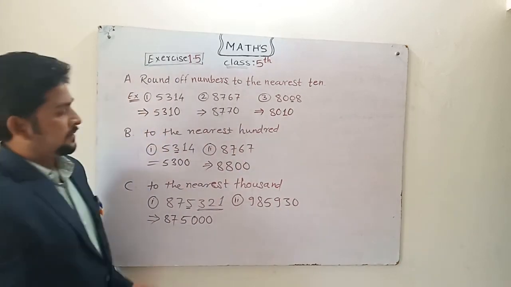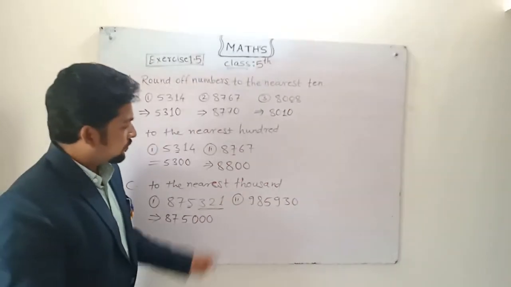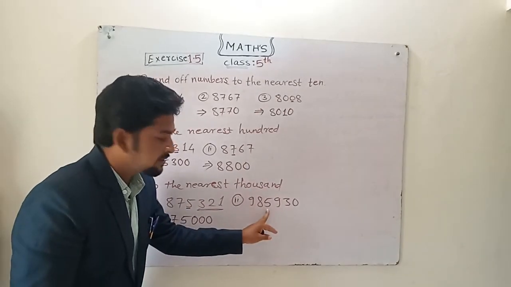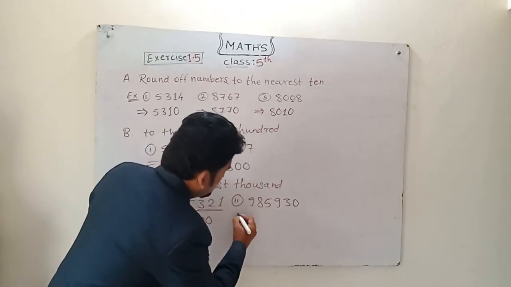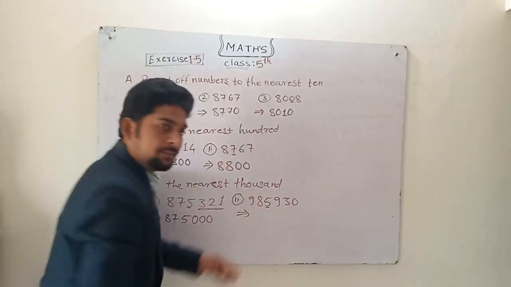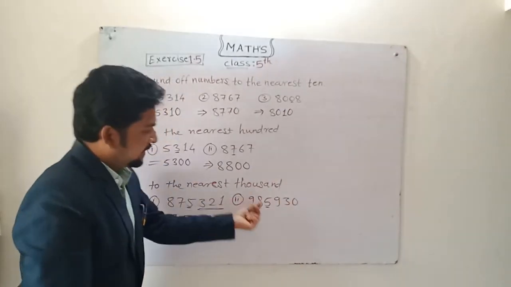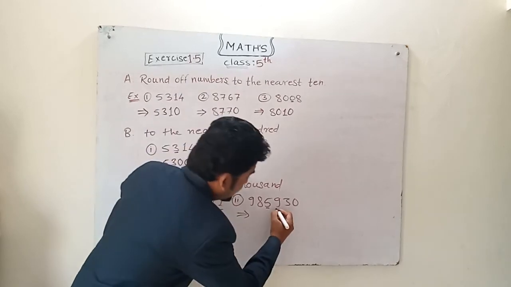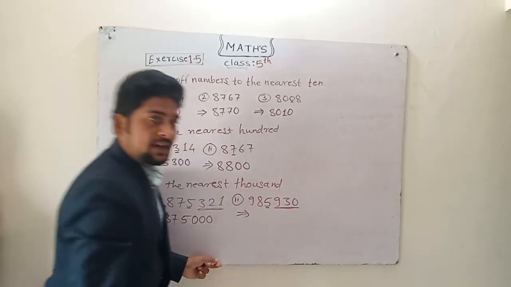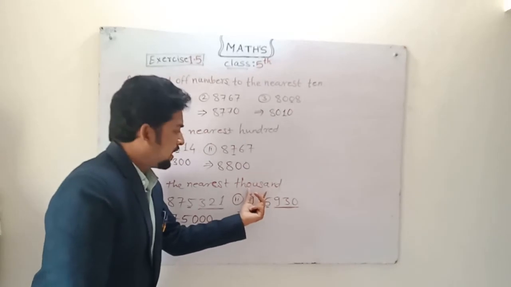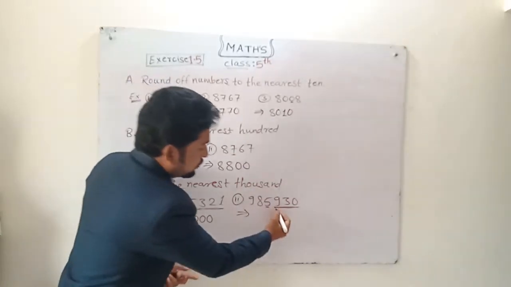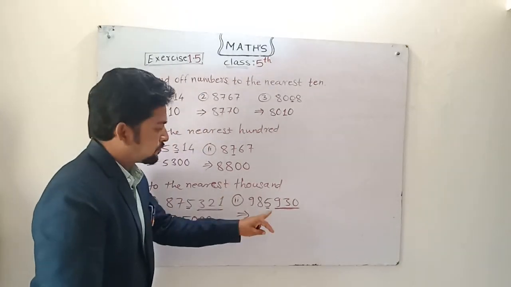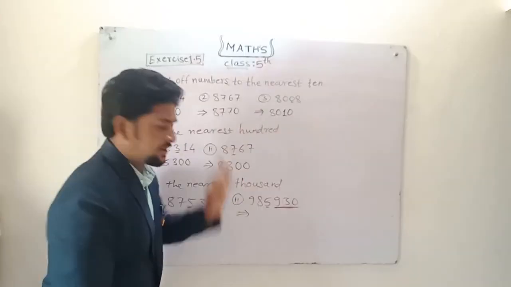Again one example we will take. 985930. Okay, if an example like this comes, then nearest 1000: ones, tens, 100 and 1000. The 1000 place has 5, which will be the same, otherwise it will change, but it depends on another value, means 930. 930 is more than 500. Half of the 1000 is 500, so 930 is more than 500, so 5 will be changed to 6.